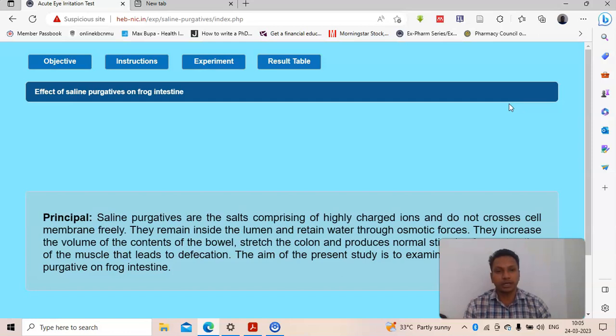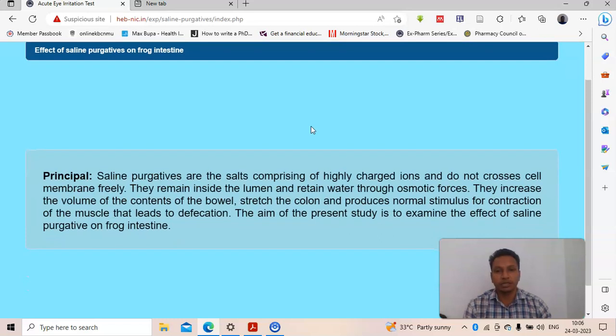So let us see how we are going to perform this experiment. The principle of this experiment is as follows. Saline purgatives are salts comprising highly charged ions and they do not cross the cell membrane freely. They remain inside the lumen and retain water through the osmotic process.